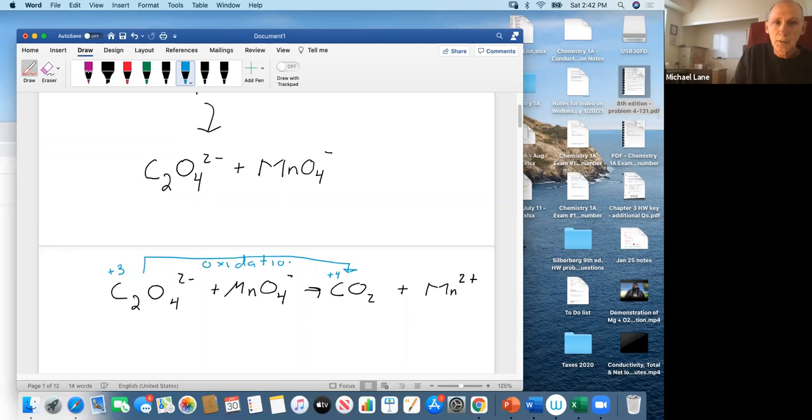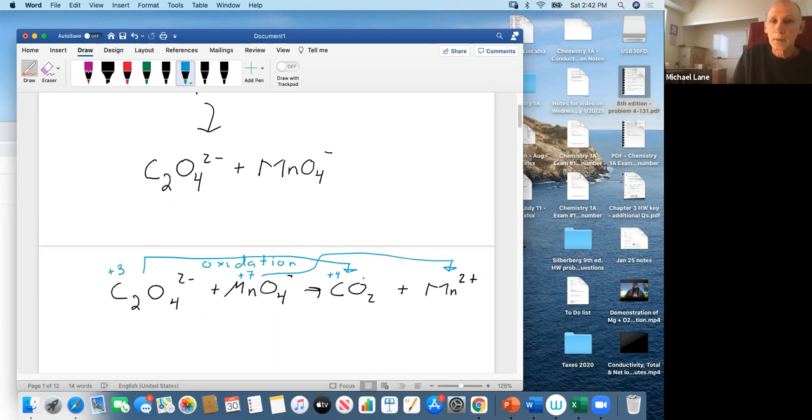So again, as I said, this problem is too difficult to put on an exam, but this idea of being able to identify oxidation and reduction is, of course, not. This step, the manganese is going from +7 to +2. The oxidation state is the same as the charge in this case. The number is going down, that is reduction.